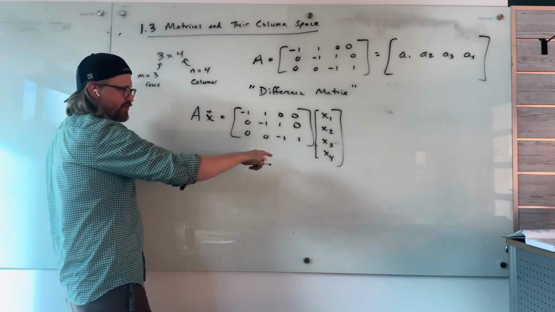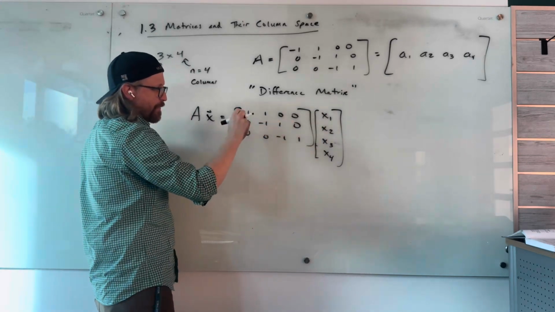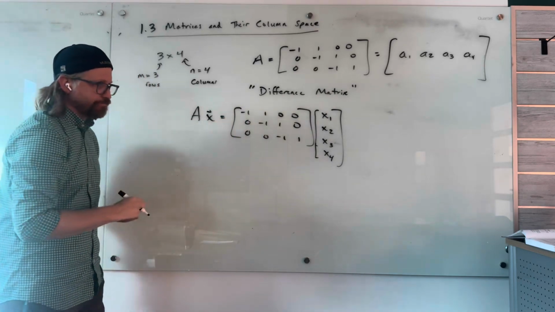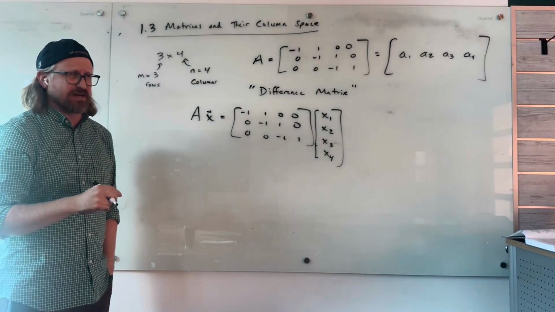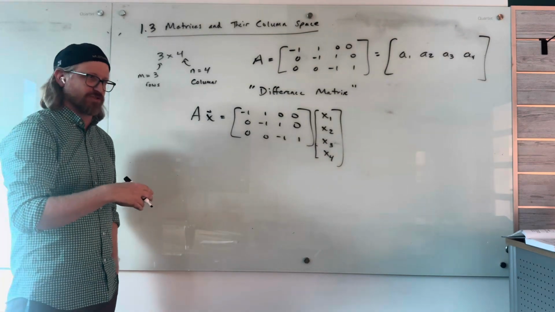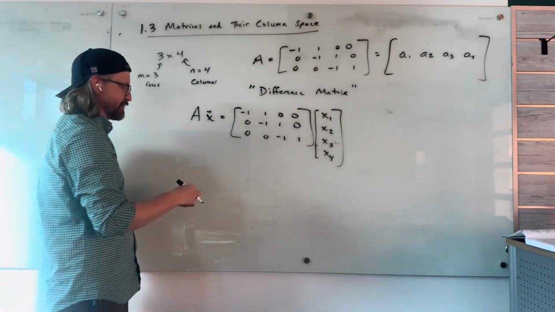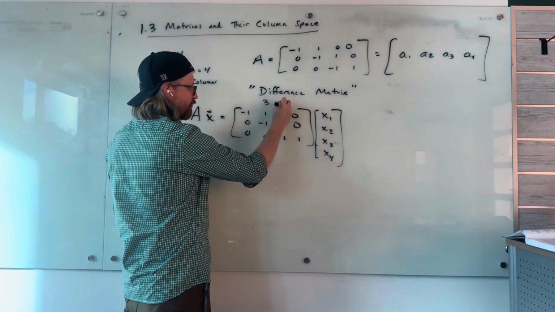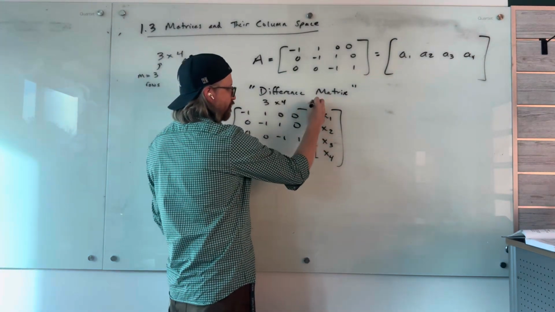In other words, the dimension on X has to match the number of columns in A. One of the ways that I like to remember it, my linear algebra teacher used this, is if I was to list out the dimensions for matrix A, this being a 3 by 4, the dimensions on this vector are 4 by 1.